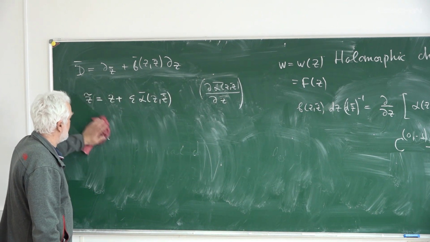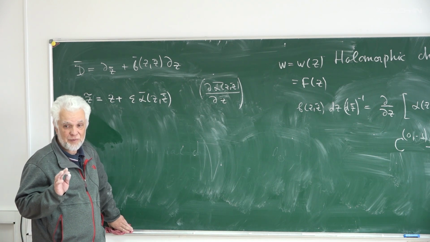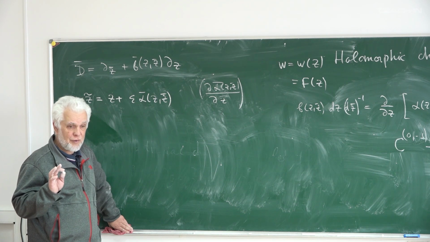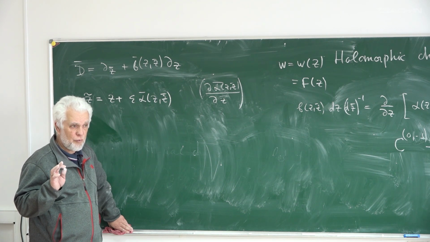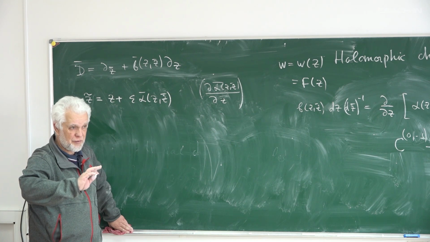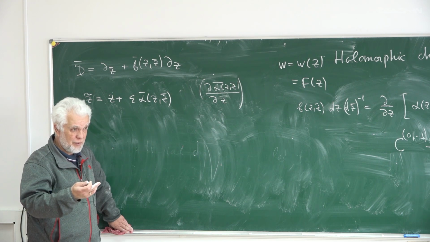Now, let me omit some analytic moments. I would like to formulate something, but I do not want to provide the analytic details. What does this mean? This operator is elliptic. What does elliptic operator mean?